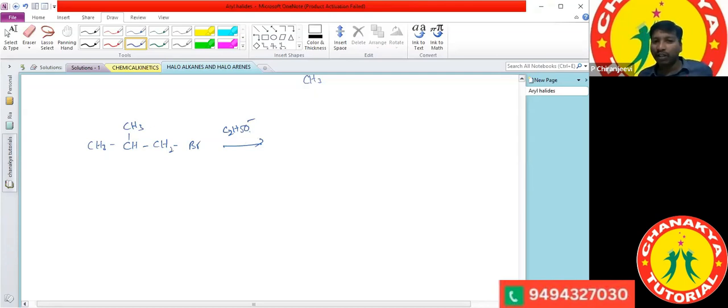So first of all, C2H5O minus means the reagent is C2H5ONa only now. If it is C2H5ONa, what is the name of the reaction?